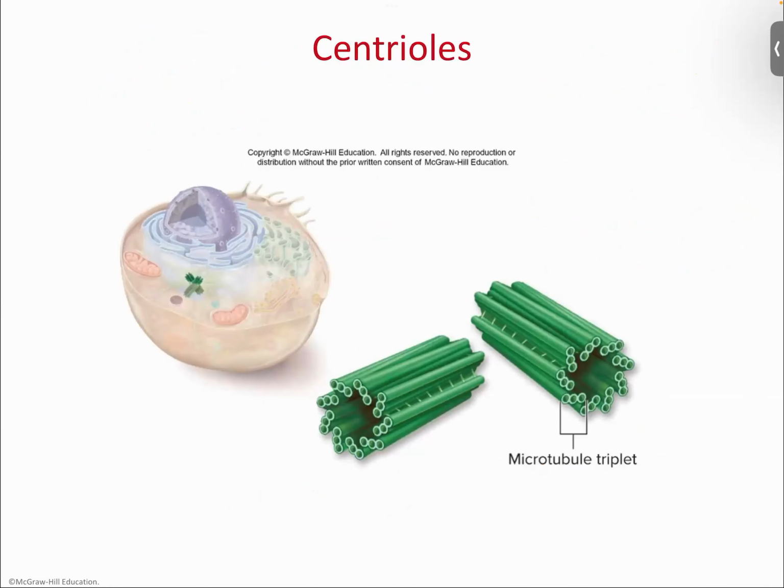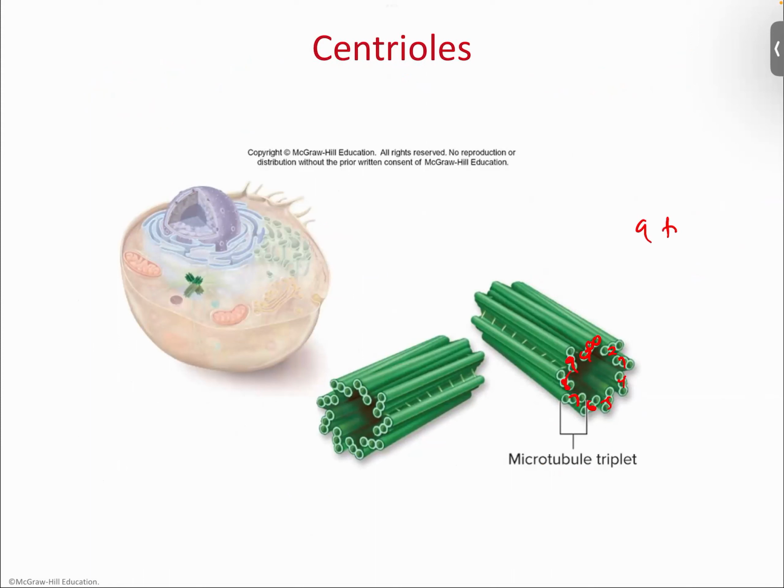So this is basically your centriole. You can see that your centrioles actually have a very definable structure. It's basically just a network of little short microtubules. You have 3 different microtubules that are essentially connected together, and you have 9 of these. So you have 1, 2, 3, 4, 5, 6, 7, 8, 9.